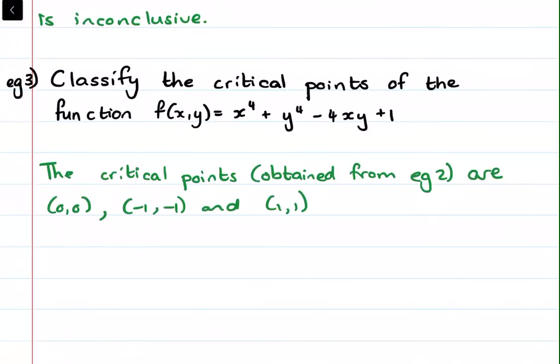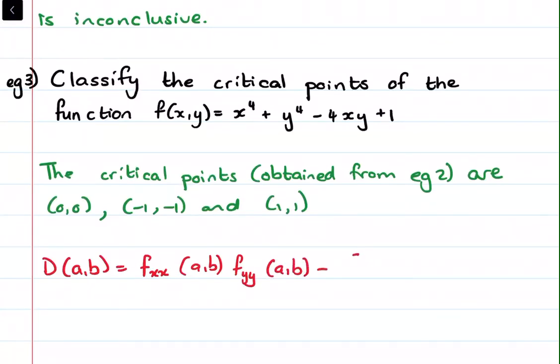First things first, we write down the formula. What does the formula of the second derivatives say? It says that D at (a, b), which is the critical value, is equal to fxx at (a, b) multiplied by fyy at (a, b) minus fxy, the mixed derivative, at (a, b), everything squared.